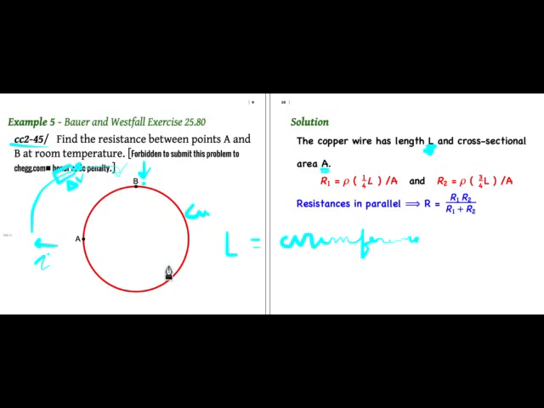And it has cross-sectional area. So the area of the cross-section of the wire is A. Here's a little cross-section of the wire, it's a little area A. And we'll assume that those are given.